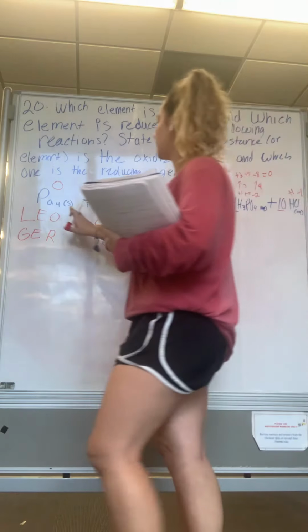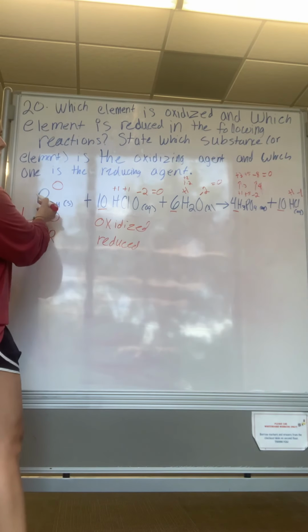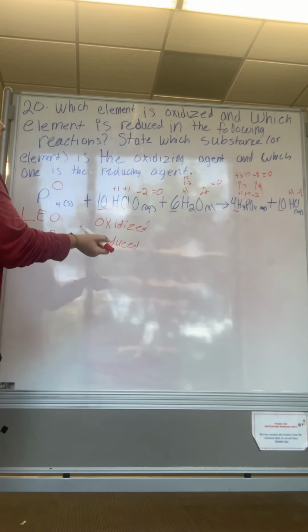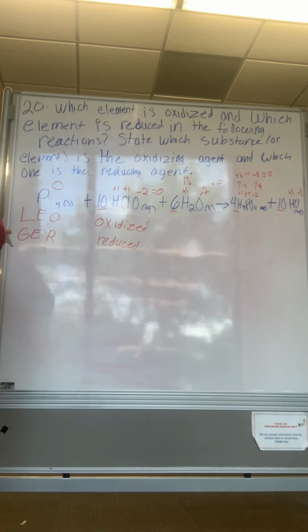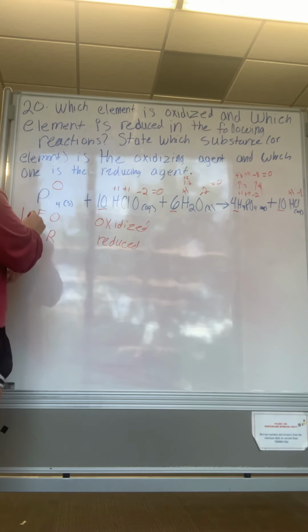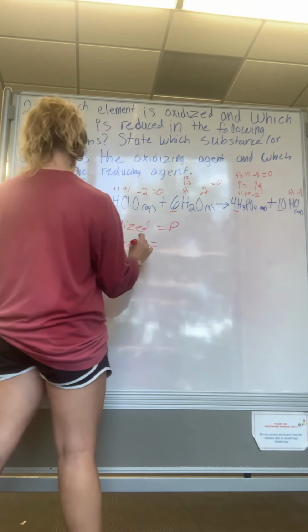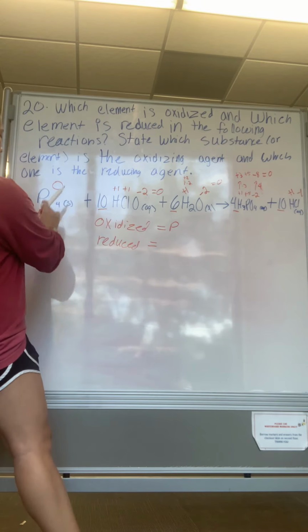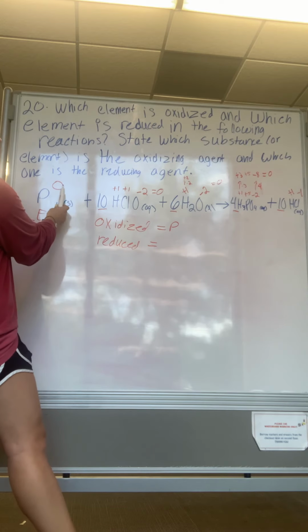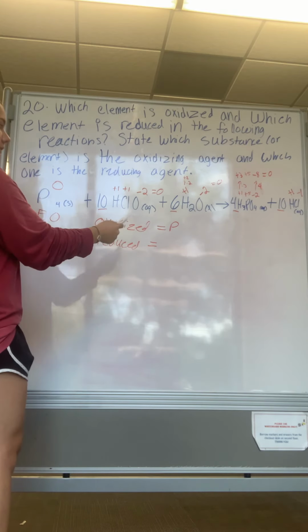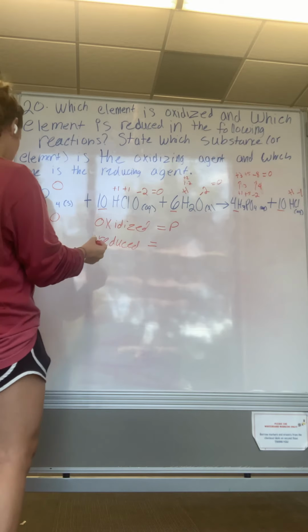We know that P is the one that's being oxidized because the loss of electrons is oxidized. And so P is oxidized. It's going from 0 to +5. So the increase means oxidized, and then which one is being reduced?